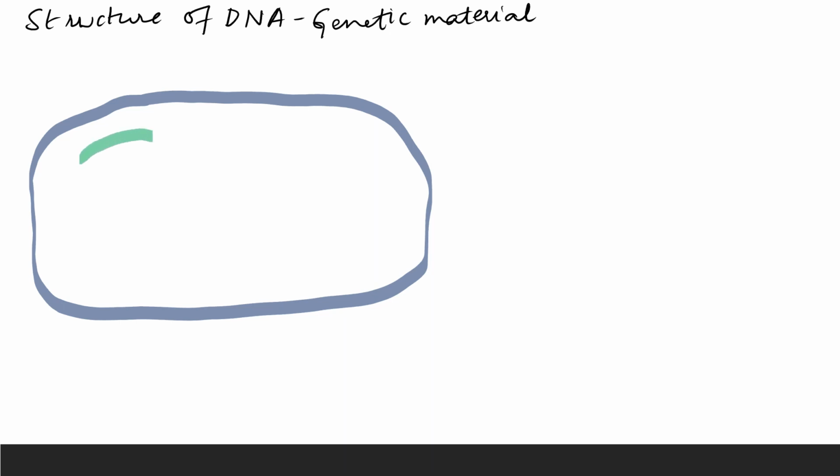So this is a nucleus. And in the nucleus what do we have? We have genetic material, that is DNA. So let's say this is the genetic material, that is DNA. So this is a cell. I'm not drawing a cell wall, right? Because this is a eukaryotic cell.